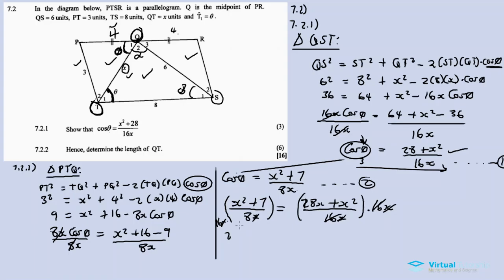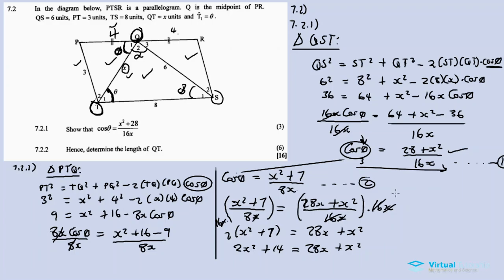So we get 2 x squared plus 14 equal to 28x plus x squared. Then I transpose everything to one side.